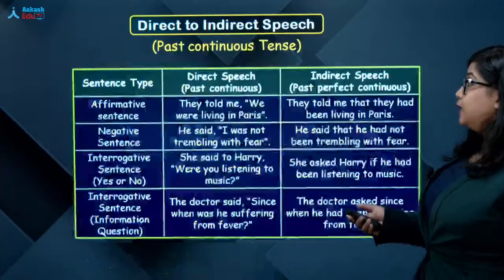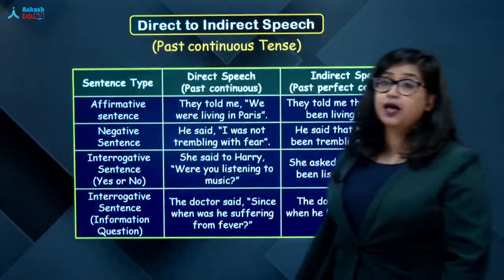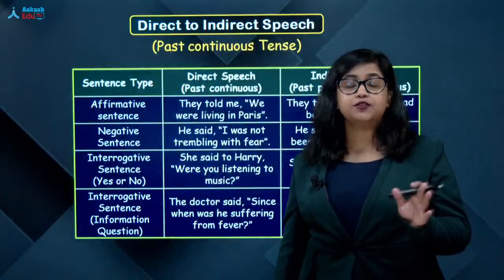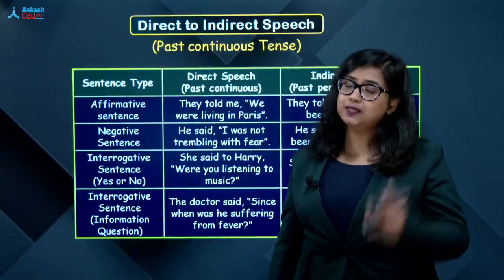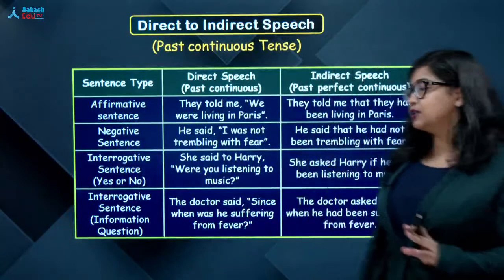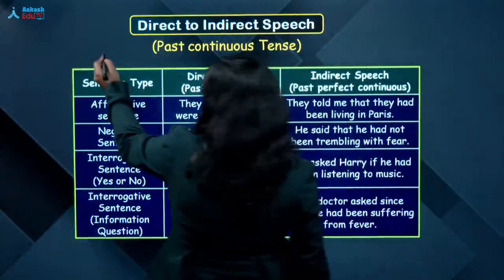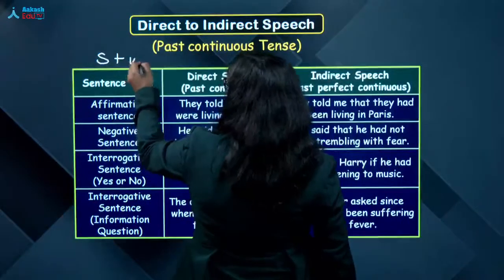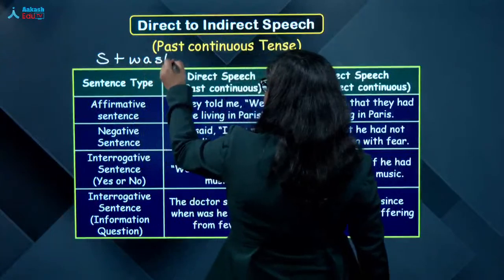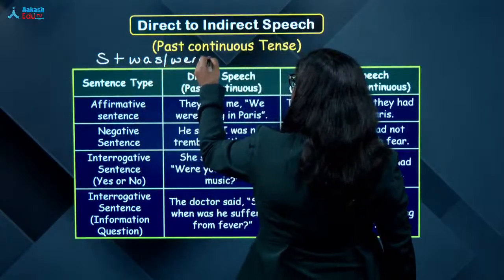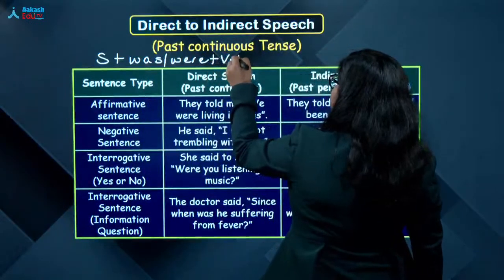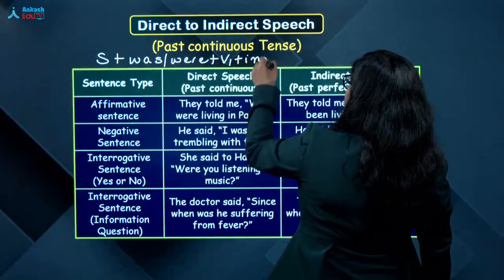Moving ahead. Now, let us have a look at our next type of tense, which is your past continuous tense. So, how do we frame a past continuous tense sentence? Very simple, you guys know it by now. Subject plus was/were plus V1 plus ing plus object.